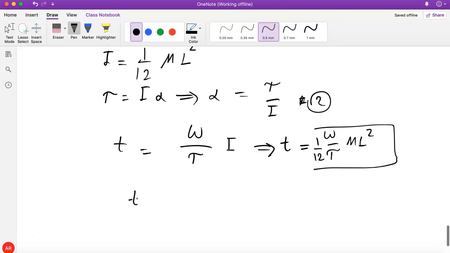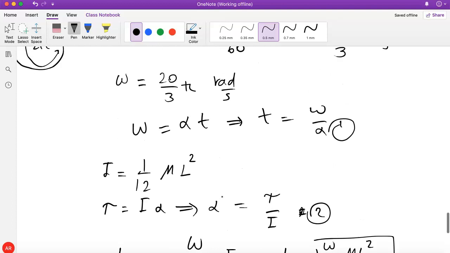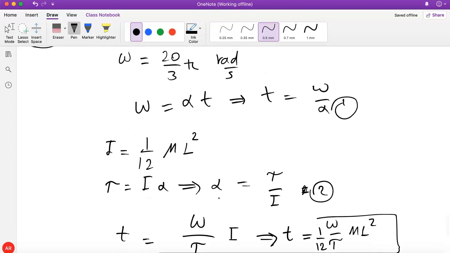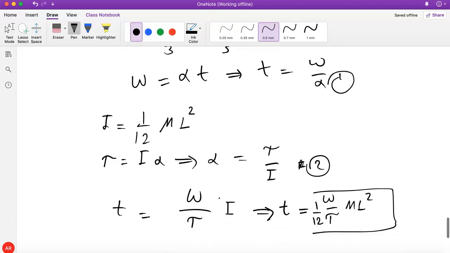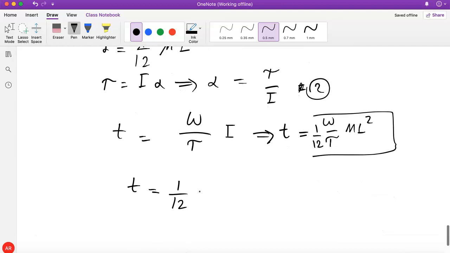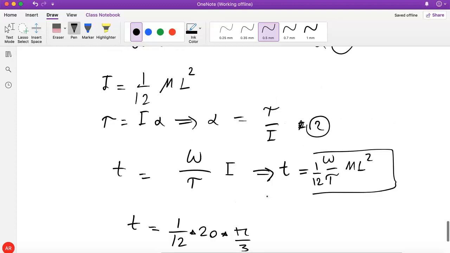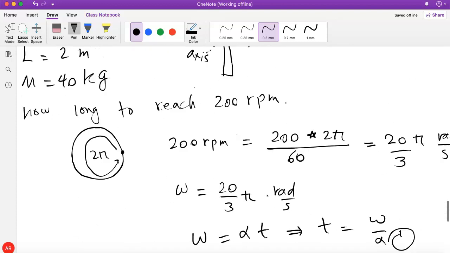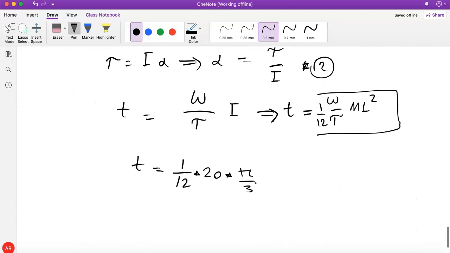So I think t, the time it takes to reach 200 RPM, is 1 over 12. Omega, we found to be 20 pi over 3, divided by the torque, so there's going to be 1 over 60.